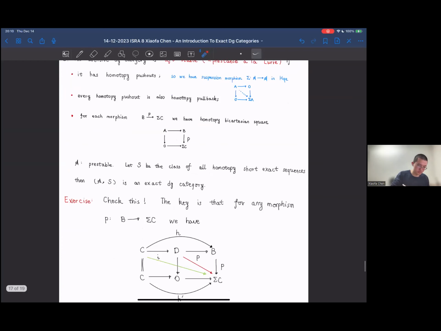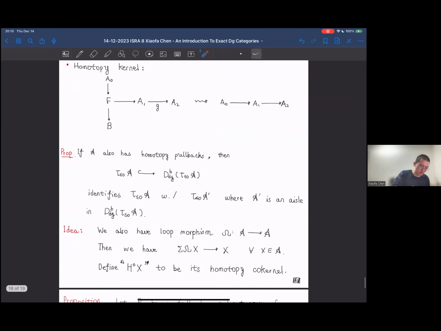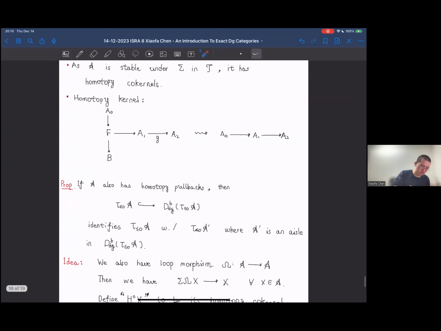Now a proposition: if A is pre-stable and admits homotopy pullbacks, these are properties of the additive DG category, not a structure. Then we can show that this truncation is indeed an L in a pre-triangulated DG category.